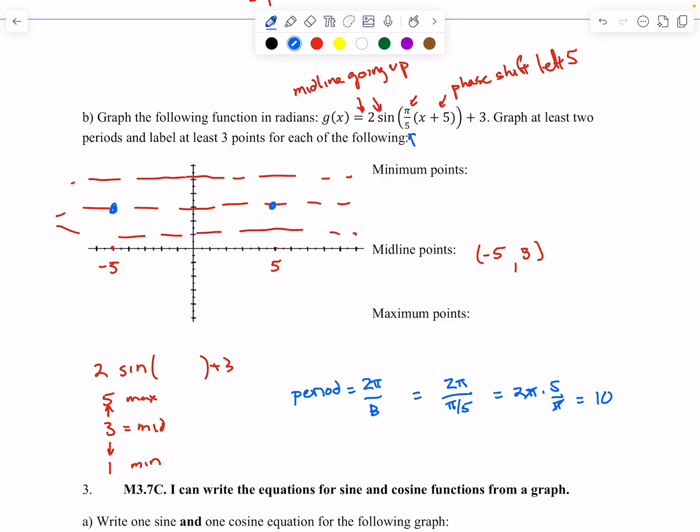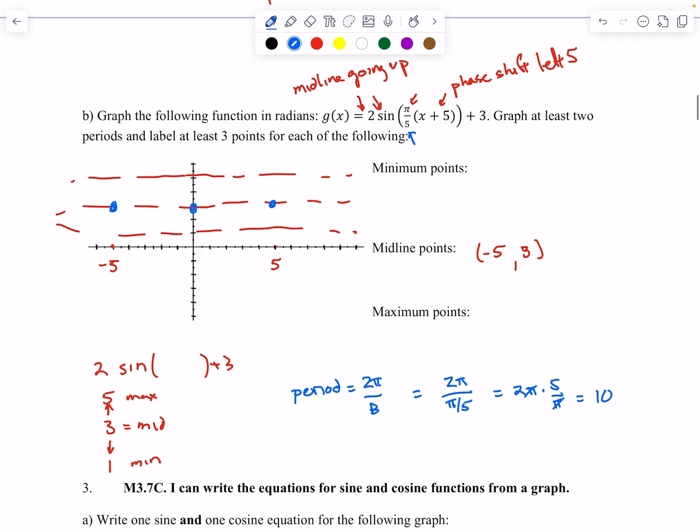Halfway in between, I should be in the middle of going down again. Unlike cosine, which does a max, min, max thing, sine does a min, min, min, and the maxes are at the quarter periods. So half of that is -2.5. This is positive sine, we're going up. So this is going to be here.